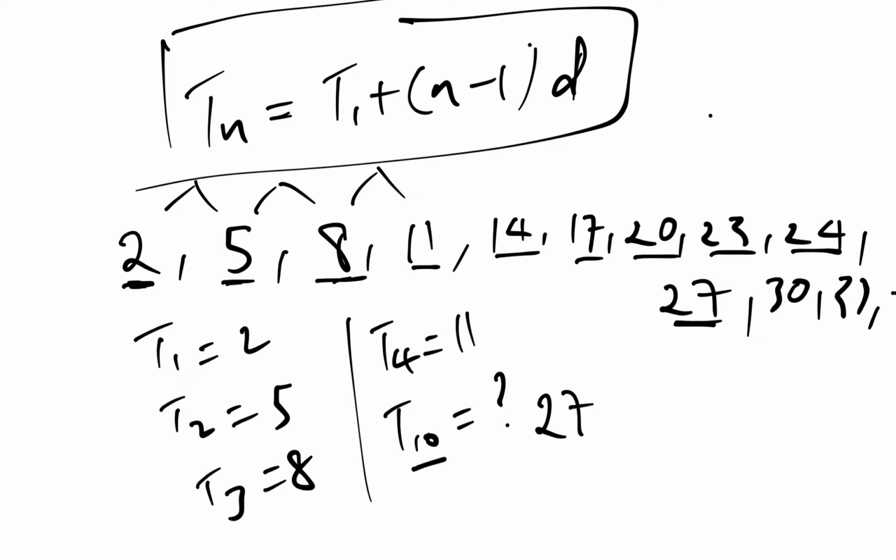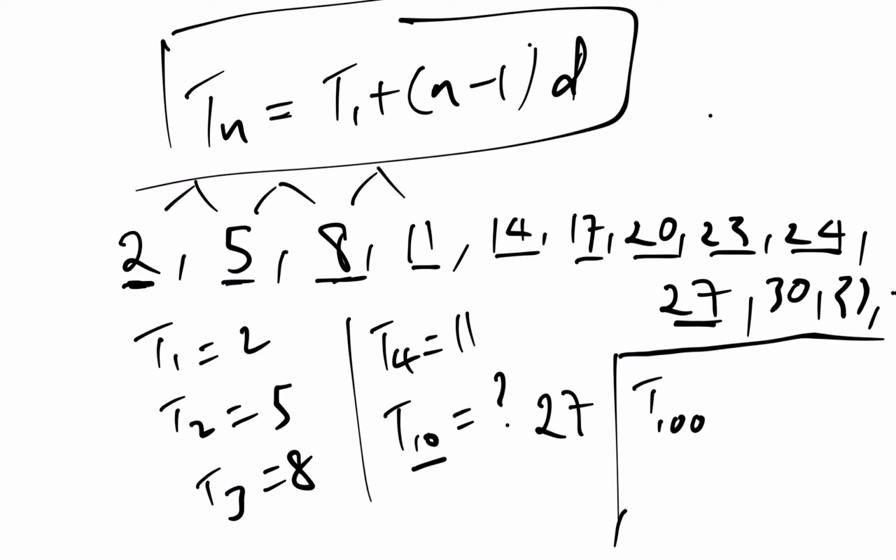But here's the tricky part, or the interesting part. Let's say we got this question which says find term number 100. You can see that it's no longer scalable to continue the sequence until you reach the 100th term.